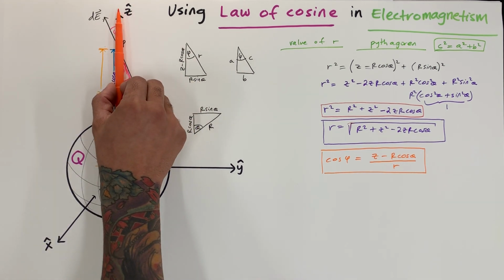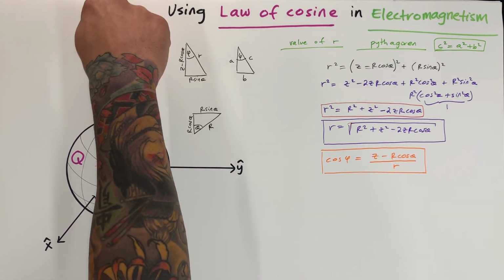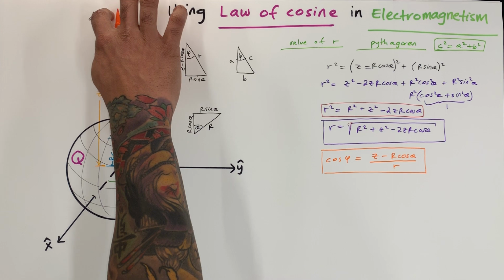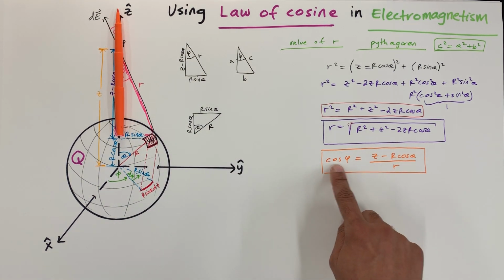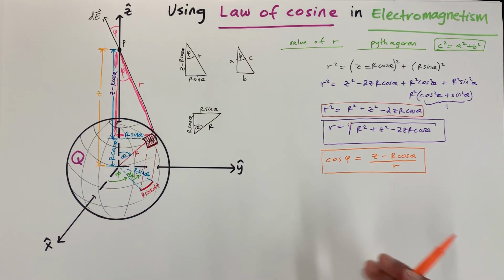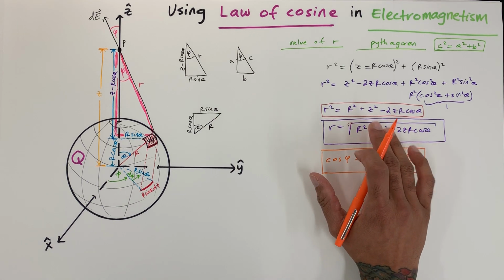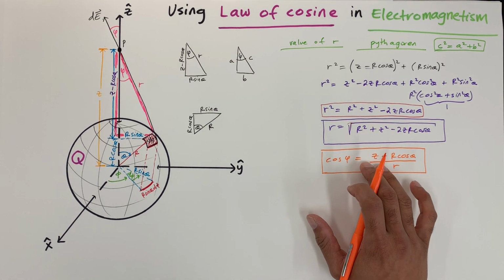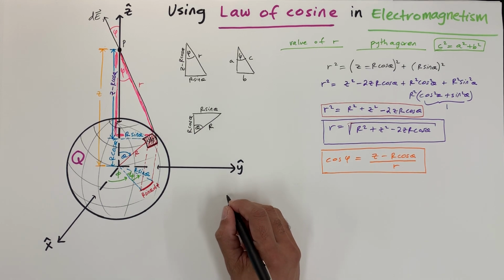This one here could be found by doing another triangle up here later on, and you'll find that this angle and the cosine of this angle is very important. That's for another problem, but just know that we would need this, which is the law of cosine, and this angle here. And just for a small proof of the law of cosine, let's take this example here.